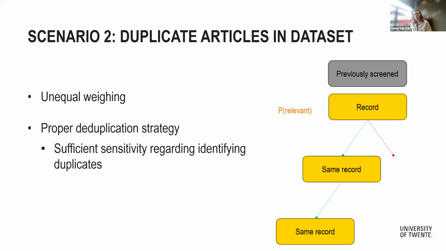So normally one would probably already look for a strategy to reduce duplicates before starting screening. But when using AI, this is thus even more relevant. So an important note I want to make here is that not every deduplication software is equally sensitive in identifying duplicates. So you might want to take a look into proper deduplication software.